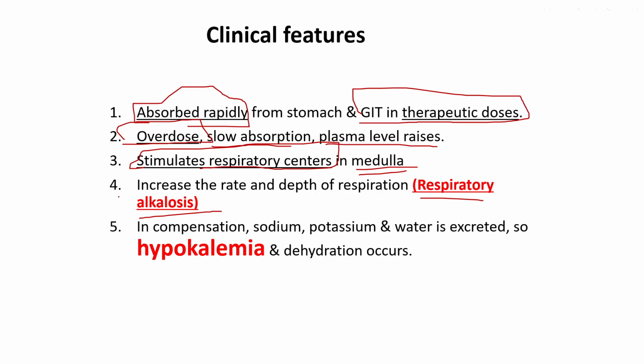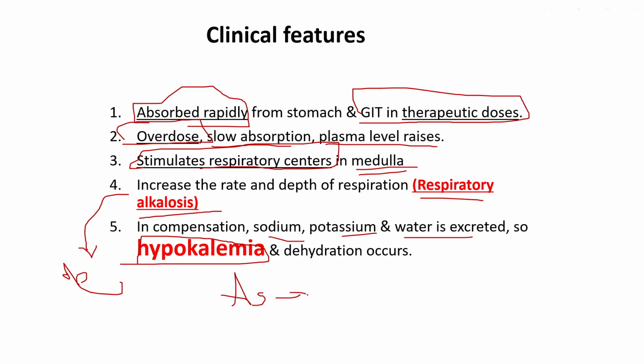To compensate for this respiratory alkalosis, the body needs to dehydrate, and this dehydration leads to loss of sodium, potassium, and water, and specifically to hypokalemia. This is a very important feature of aspirin, that it leads to hypokalemia.